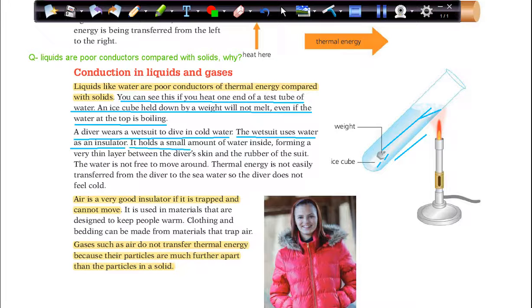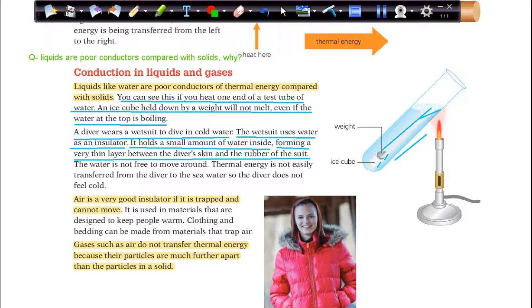It allows a small amount of water to get inside it, forming a very thin layer between the diver's skin and the rubber of the suit. So the rubber can get the coldness, but the layer of water under the rubber will act like a barrier to hold the temperature out.